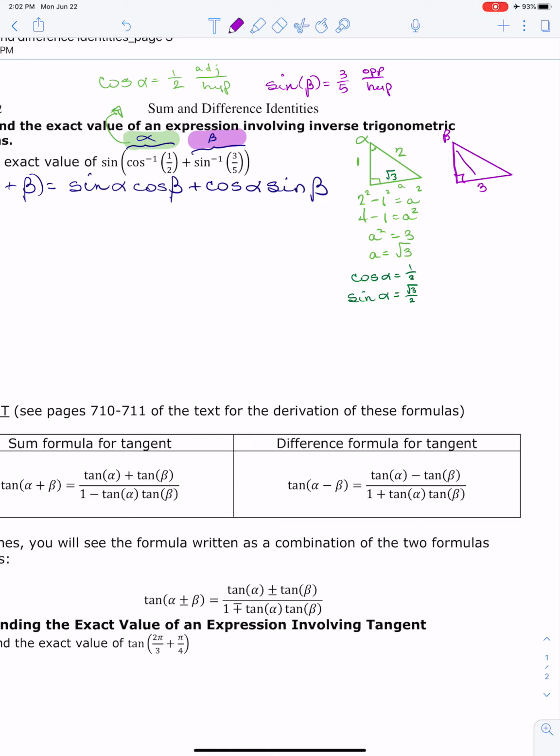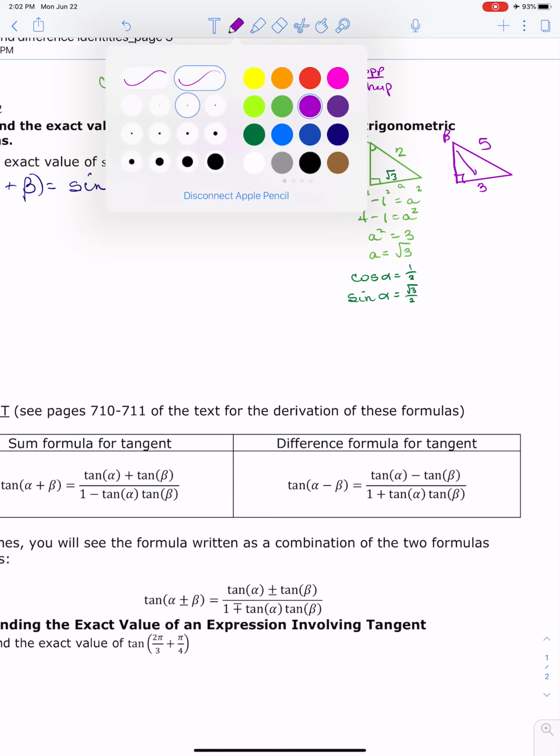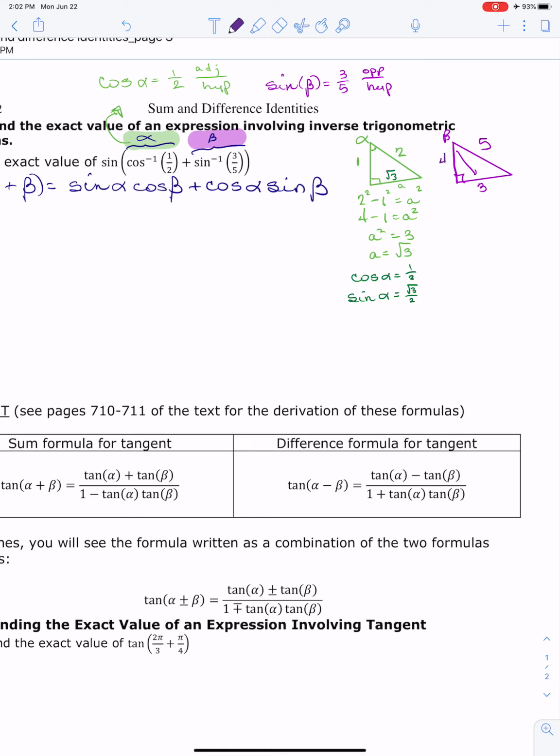So from my angle beta, I'm labeling my opposite side 3. I'm labeling my hypotenuse 5. Sorry, I was speaking ahead. Because we are familiar with our Pythagorean triples, we know this has to be a 3, 4, 5 right triangle, where the sine of beta is 3/5, that's what we started with, and the cosine of beta is 4/5.